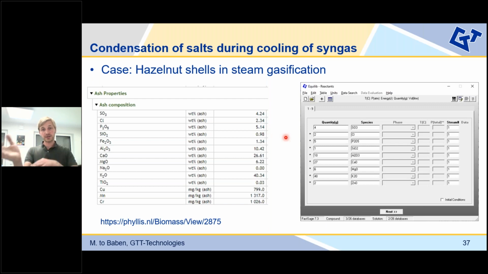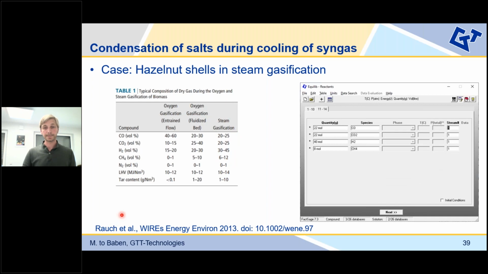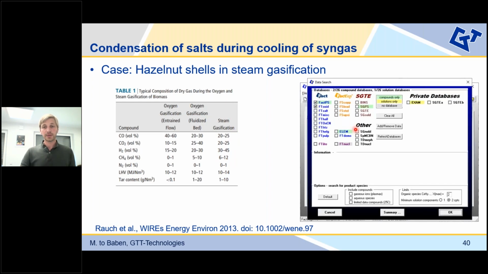Okay, so we just insert this into Aqualib, and then we add a steam gasification atmosphere, which I took from this paper by Rauch et al. And these are the other reactants.